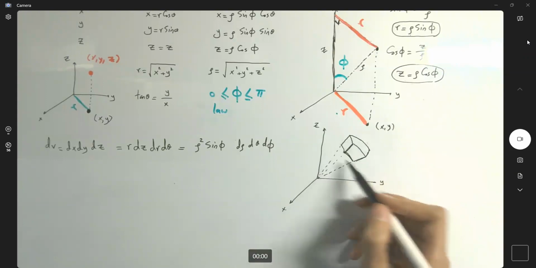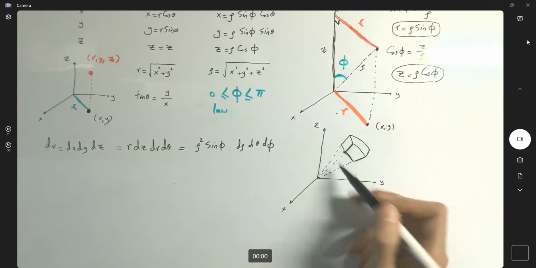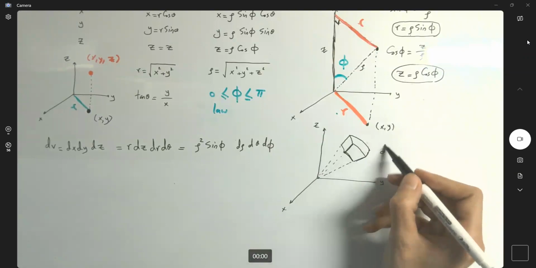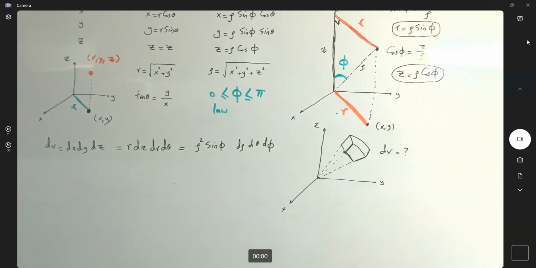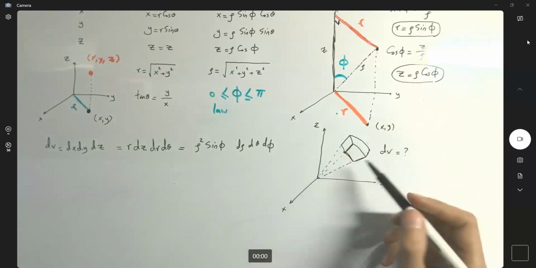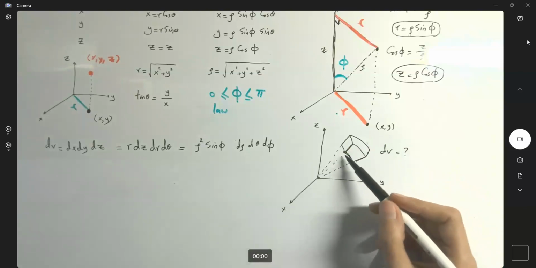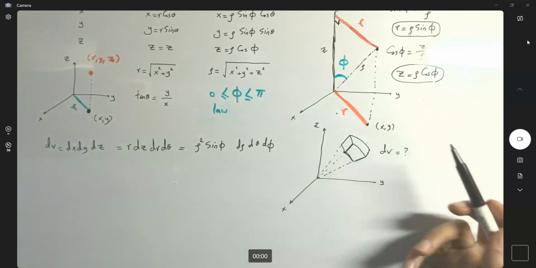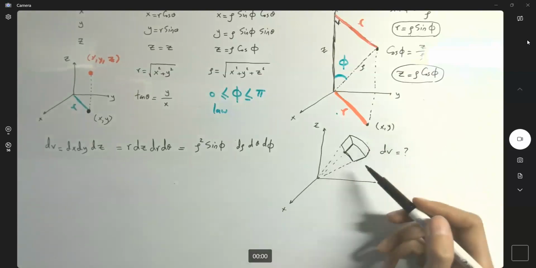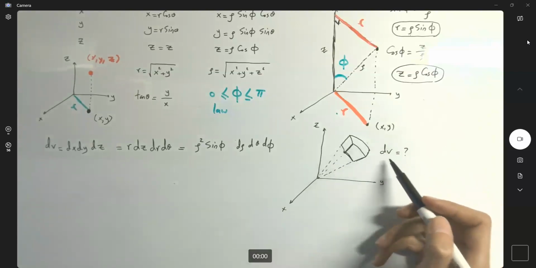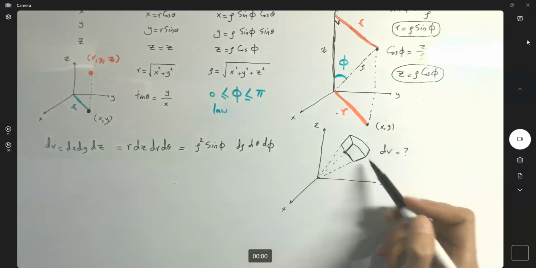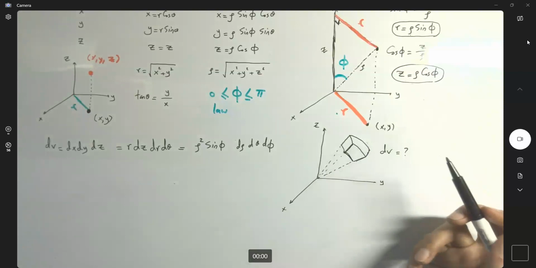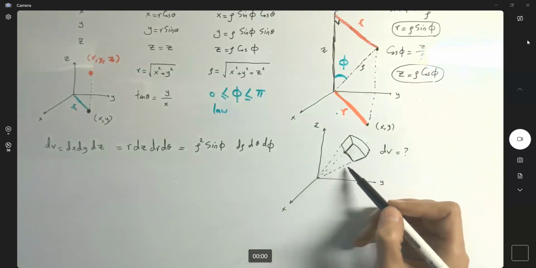So I want to calculate this little volume. What is dV? How do I compute dV? Well, based on what you learned before, if it's a very small piece, you have the multiplication of base, height, and length. You multiply them all together to find this dV, a very small piece of your volume. So how do I compute these?